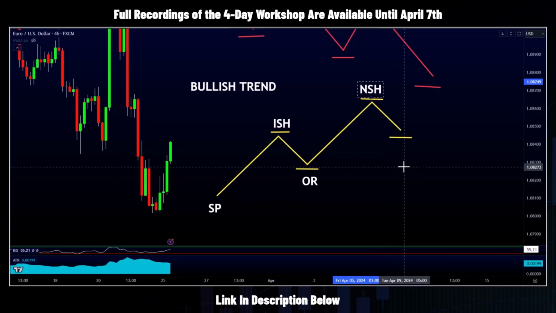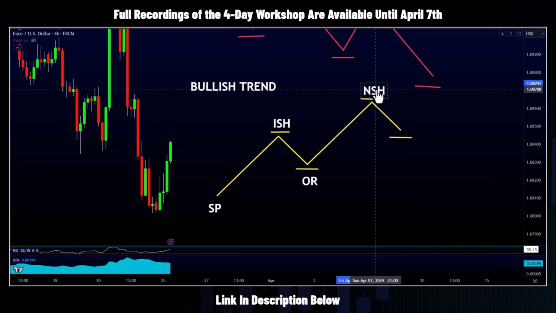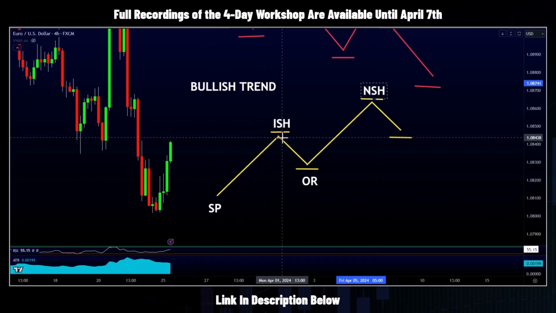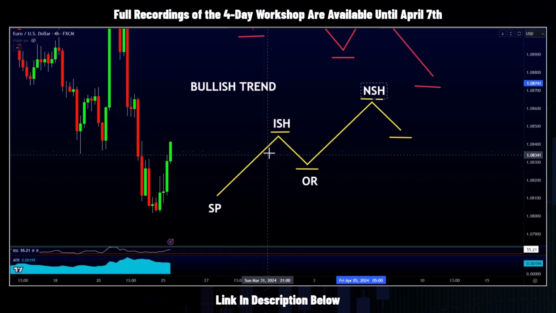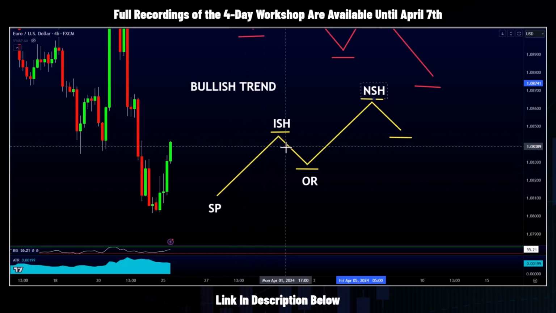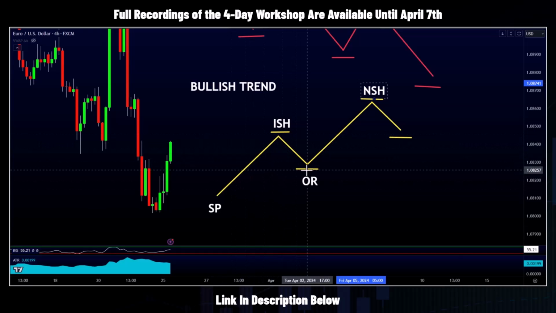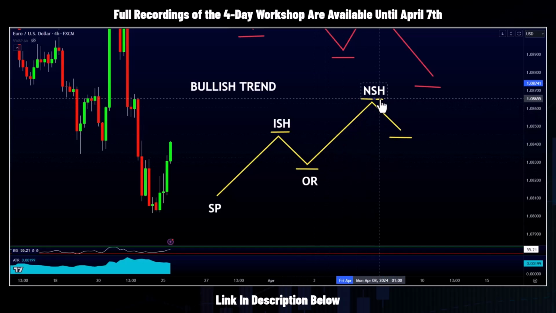So just as I gave you a rule earlier for identifying candlesticks and breaking them up into thirds, I'm going to give you a rule for identifying a confirmed trend. A confirmed bullish trend comes when we have a 3-point move, where we have a move up, a move down, and then a secondary move up.